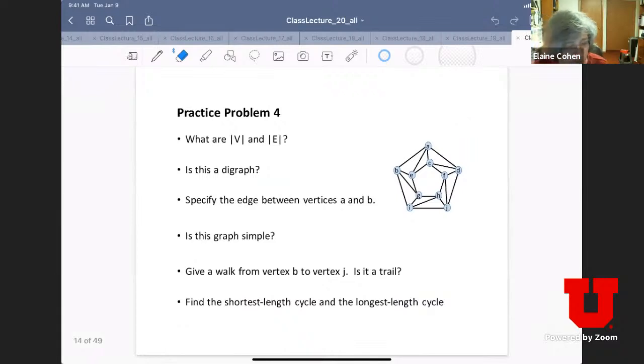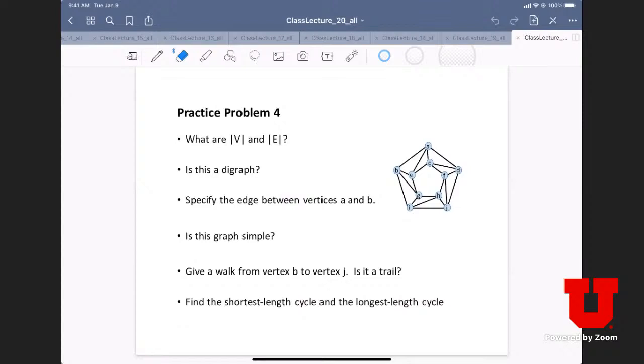Here's another practice problem. Okay, we got lots of questions. How many nodes are in V? How many vertices are in this graph? Count them up. 10. 10, very good.